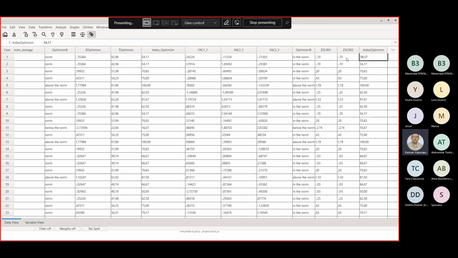Below -1 is below the norm, and above +1 is above the norm. And here, t-scores the same. Numbers between 40 and 60 are in the norm. Numbers below 40 are below the norm, and numbers above 60 are above the norm.